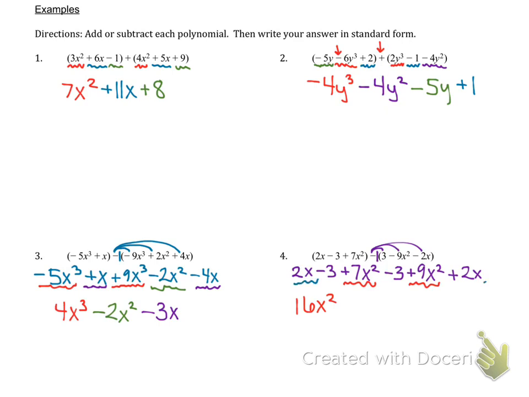I have 2x plus 2x, which is 4x. So it's a positive 4x, so plus 4x. And then I have a negative 3 and a negative 3. Negative 3 minus 3 is a negative 6, so minus 6. And my answer is written in standard form.